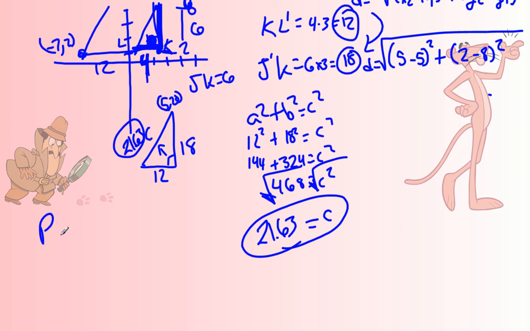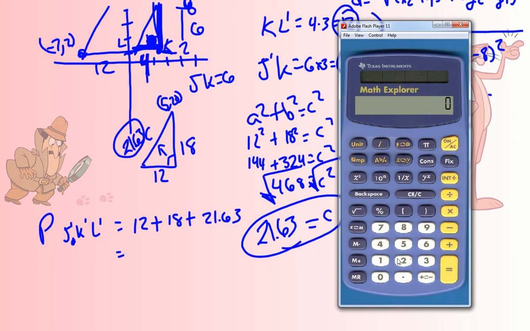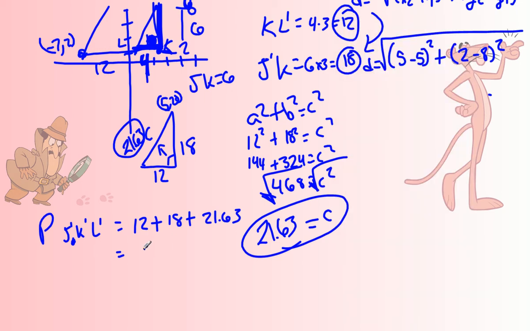So the perimeter of this J prime, K prime, L prime thingy is going to be 12 plus 18 plus 21.63. 21.63 plus 12 plus 18 equals 51.63. That is the perimeter that we were looking for.